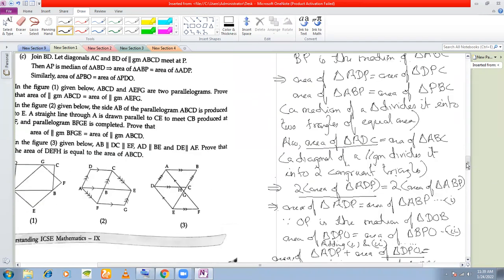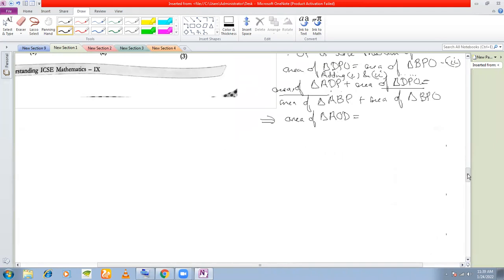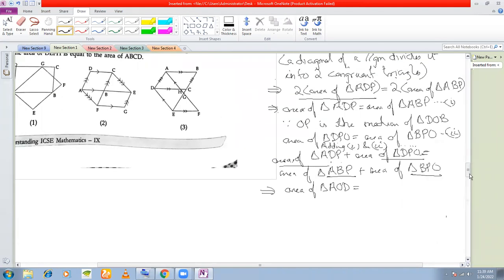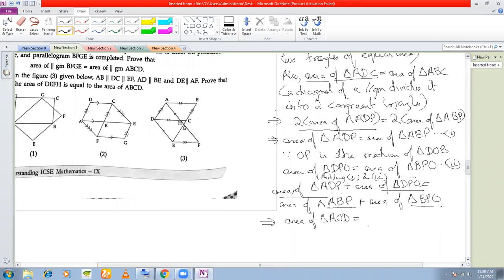Is equal to, and what about the other part? On this side, you have ABP and BPO. So ABP is this triangle and BPO is this triangle. That means the sum of the areas will be equal to this triangle, area of triangle AOB.